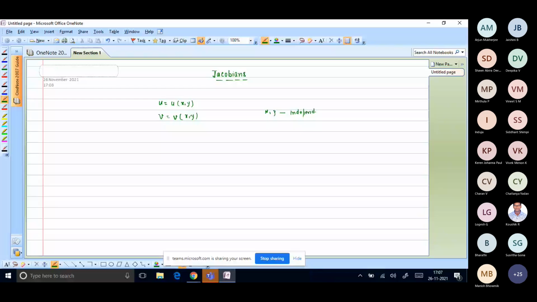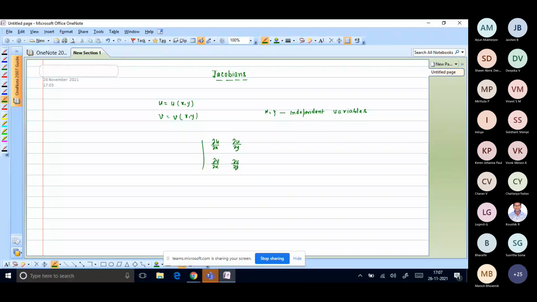So in this case, the determinant: first row del u upon del x, del u upon del y; second row del v upon del x, then del v upon del y.